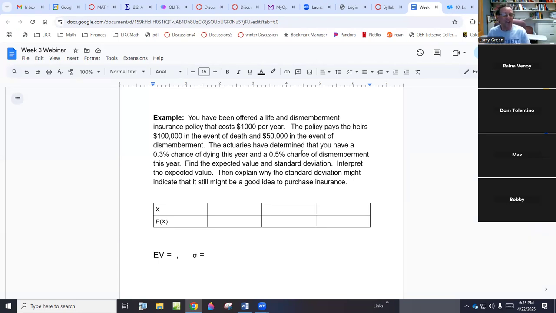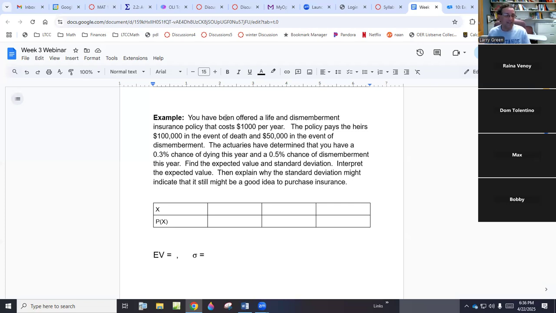The actuaries have determined that you have a 0.3% chance of dying this year and a 0.5% chance of dismemberment this year. Find the expected value and the standard deviation. Interpret the expected value, then explain why the standard deviation might indicate that it still might be a good idea to purchase insurance. Same idea as the last one, but a very different example.